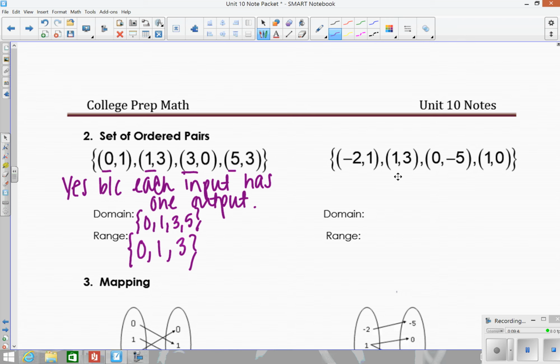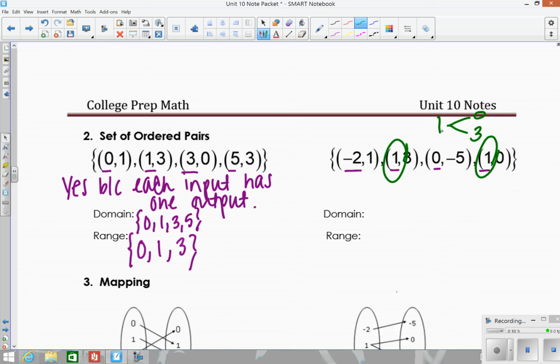If you look at this next example, though, and you compare the x values, see how right here we have a 1 being used and a 1 being used. So in this scenario, I have the input 1, and 1 is going to 0, and 1 is also going to 3.